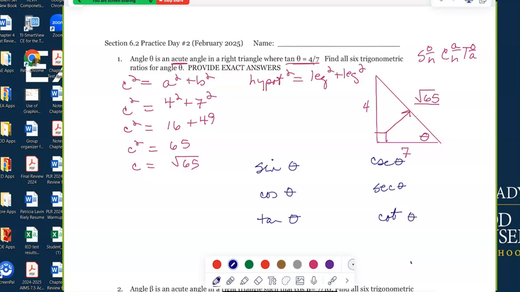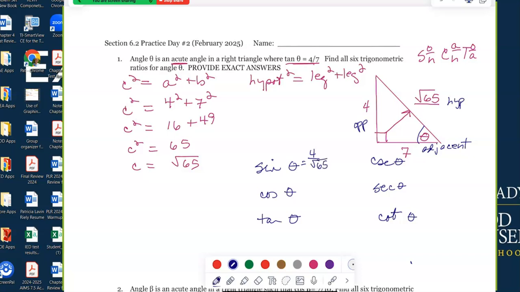Okay, so now let's find sine. So from this angle's perspective, sine is opposite over hypotenuse. This is the opposite. This is the hypotenuse. This is the adjacent from angle theta's perspective. Okay, so the sine, opposite over hypotenuse, is going to equal 4 over radical 65.